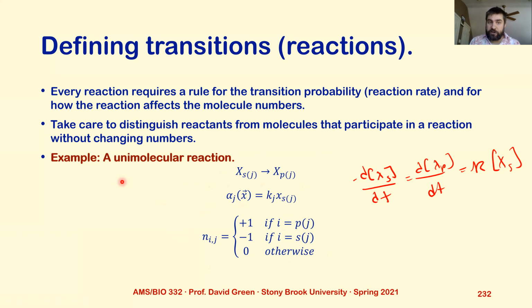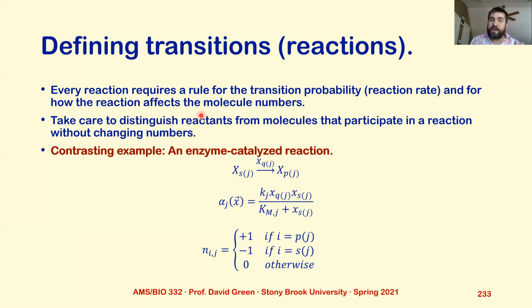We can compare a unimolecular reaction, where a substrate gets converted into a product, with an enzyme catalyzed reaction that converts a substrate into a product. The change vector will be identical because substrate turns into product, but the rate law is different. And so what I have here is a Michaelis-Menten expression for the rate law.